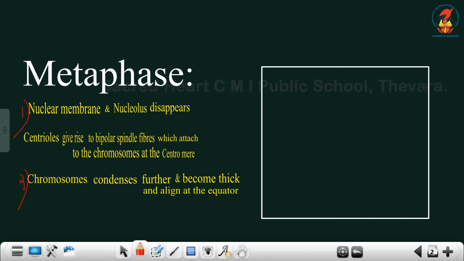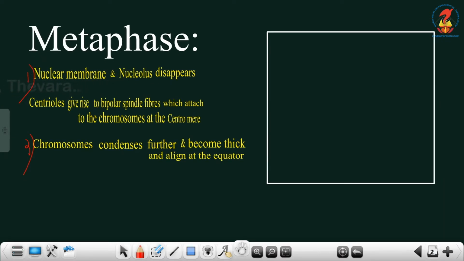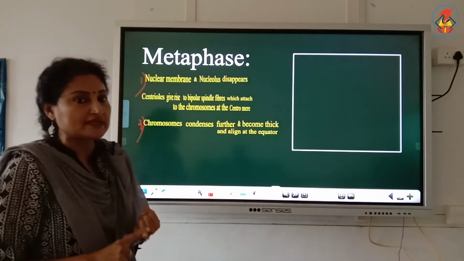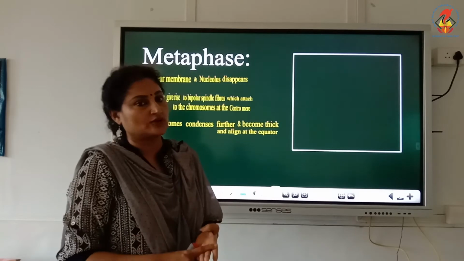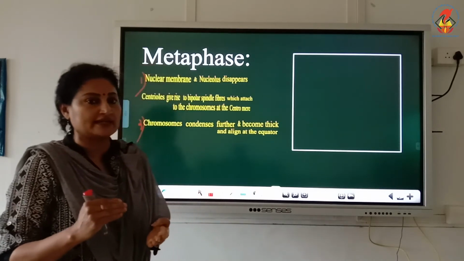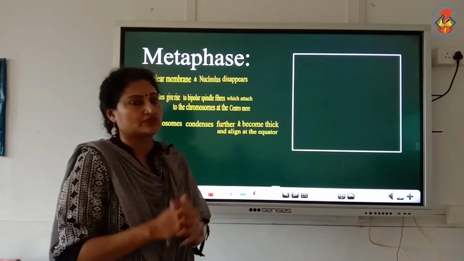I told you about the ongoing process of condensation; it further condenses and becomes visible as X-shaped structures. So, when you talk about an X-shaped structure, what comes to your mind? The metacentric chromosome. It need not be metacentric, it can be submetacentric, acrocentric, telocentric. I am going ahead with my diagrams being metacentric chromosomes.